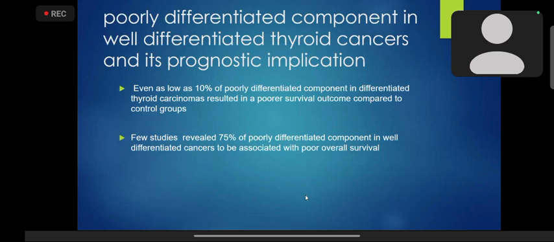As for the poorly differentiated component, if a well differentiated thyroid cancer has even as low as 10% poorly differentiated component, survival is still poorer compared to the other group. A few studies say 75% poorly differentiated component in well differentiated cancer is associated with poor survival. So there are two schools of thought, but a few studies say even a 10% component is harmful for the patient.